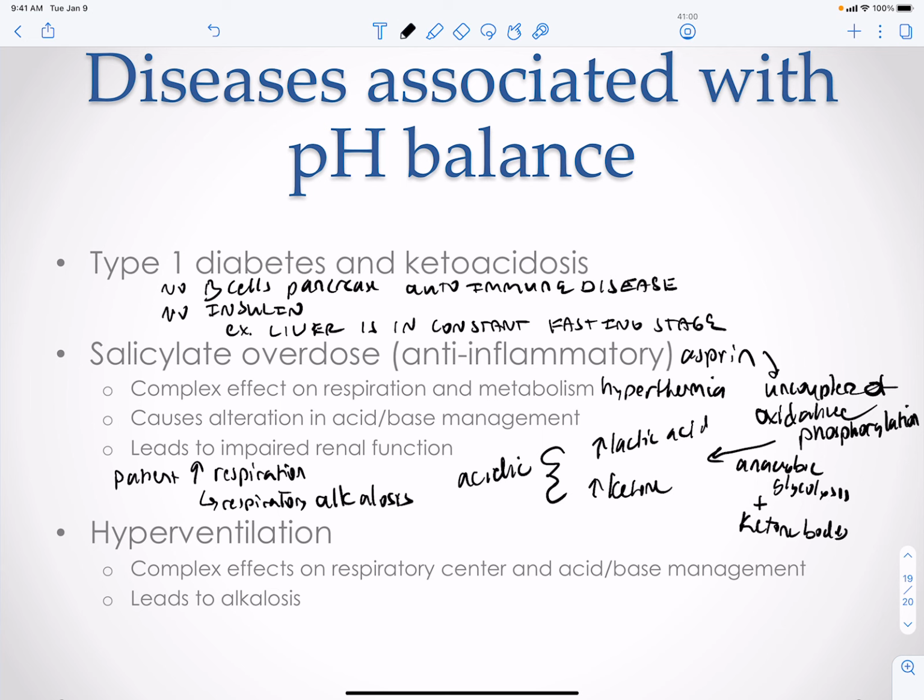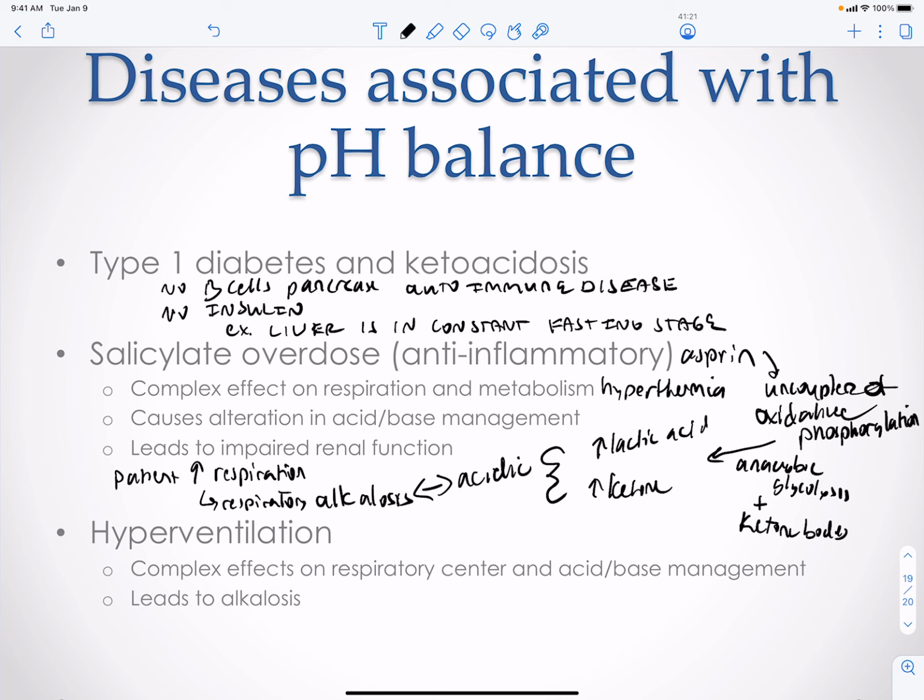And so you have these two things trying to counter each other. You have the increase of acidity, which is caused by the uncoupling of the oxidative phosphorylation and pushing everything towards anaerobic metabolism. And that is going to try to be countered by your respiratory rate, which becomes now more alkaline.